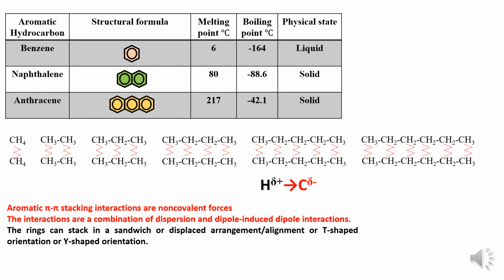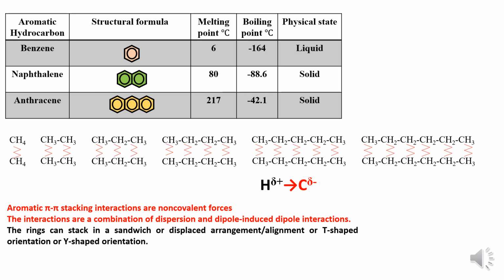Now we will find aromatic pi-pi stacking interactions in case of benzene, naphthalene, anthracene. So aromatic pi-pi stacking interactions are non-covalent forces that exist, and these are the forces that hold the molecules together, be it benzene, naphthalene or anthracene.